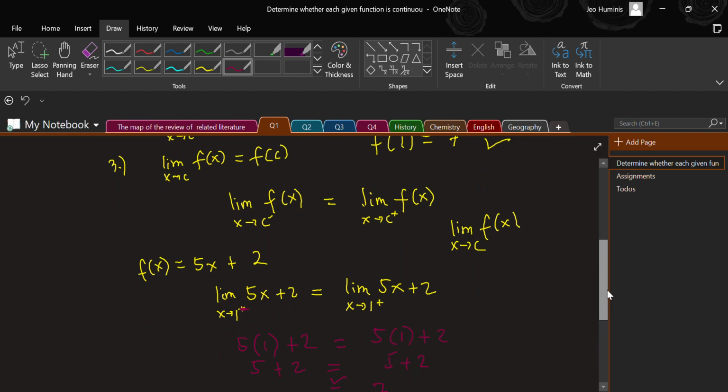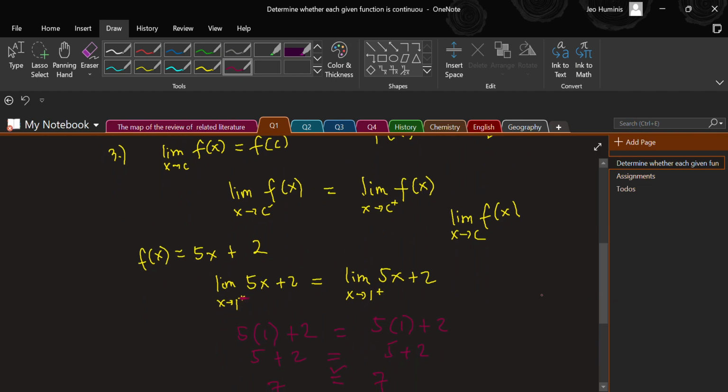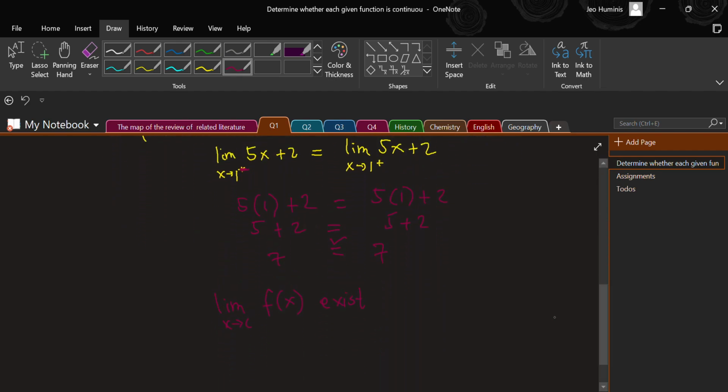The next property is the limit of f of x as x approaches c, this one right here. The limit of 5x plus 2 as x approaches c is equal to 7.